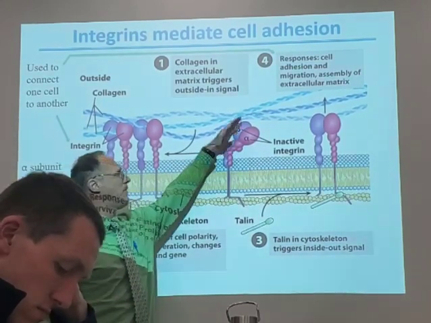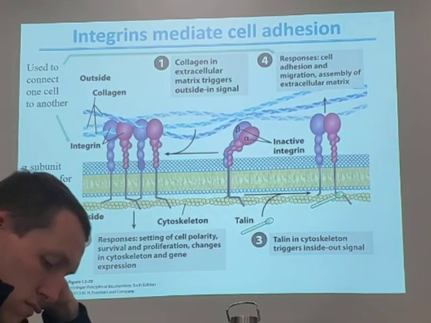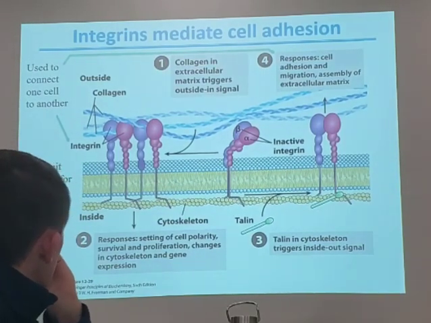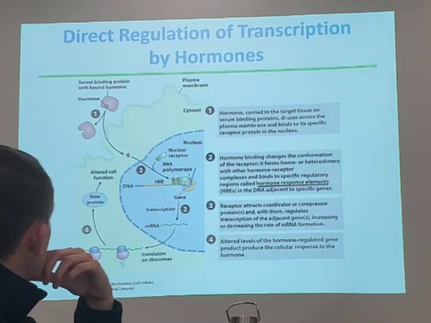There is an alpha and beta on these, and there is a specific side that interacts with one versus the other. The alpha has the calcium binding sites that you're familiar with when you're talking about muscle contraction. This is also describing what happens when I interact in a way that I can now start doing cellular division and adhesion functions.